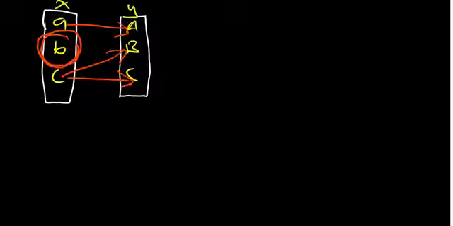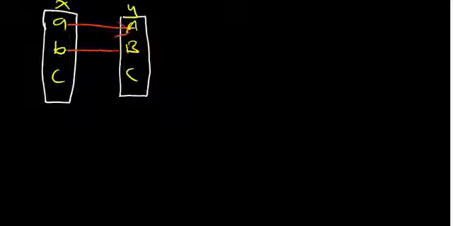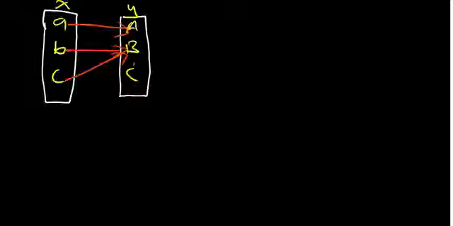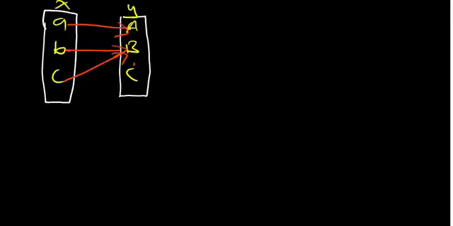Okay, what if I change this and put it like this? We say this goes here, then again this one goes there. So this is going to be a function. It is possible that all the elements of x, the input, have an output value, but we still have one member which is not mapped.